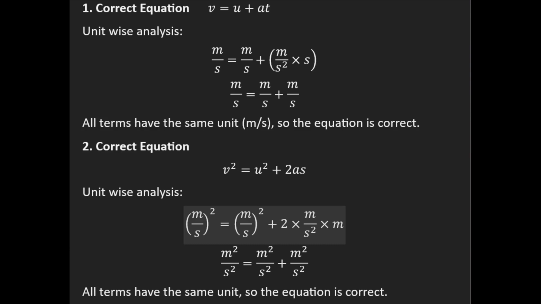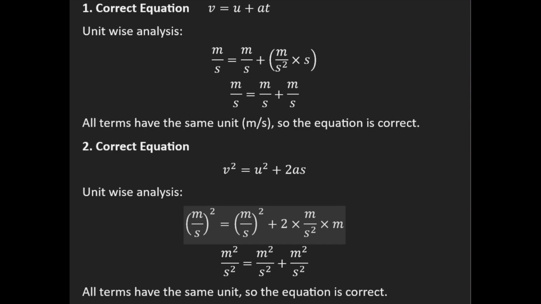Now, students, in the last term, second cancels with second. So we get meter per second equals meter per second plus meter per second. Now, we can clearly see that all terms have the same unit, meter per second. So, this equation is unit-wise correct.